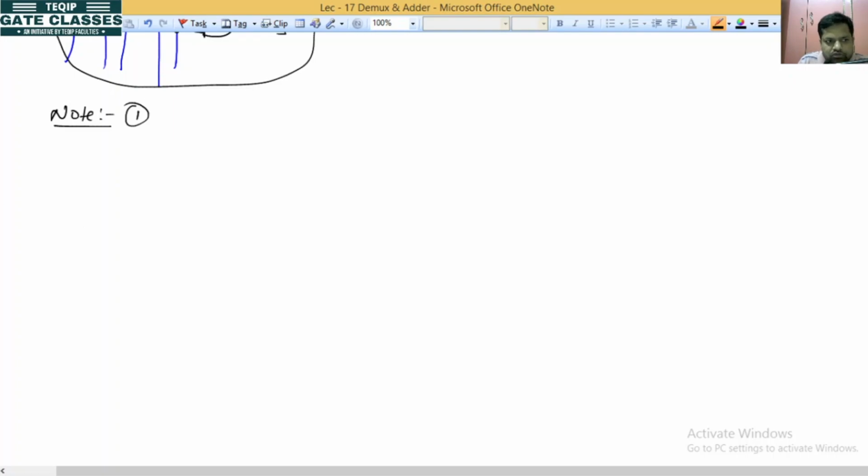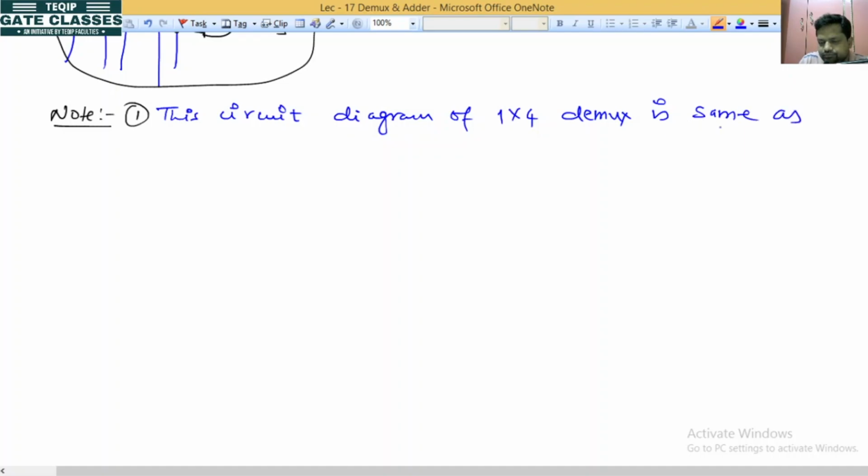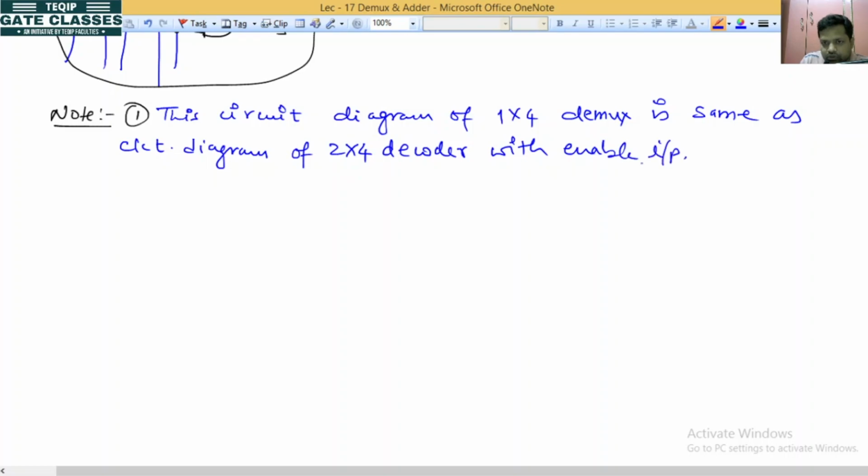Point 1, ये जो अभी सर्किट डायग्राम हमने बनाया, so this circuit diagram of 1x4 DMUX is the same as the circuit diagram of 2x4 decoder with enable input. ओके ना? अगर तुम वहाँ पे 2x4 डिकोडर का सर्किट डायग्राम देखोगे, so it will be equal to the 1x4 DMUX.